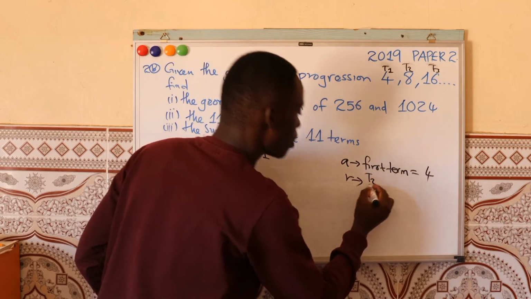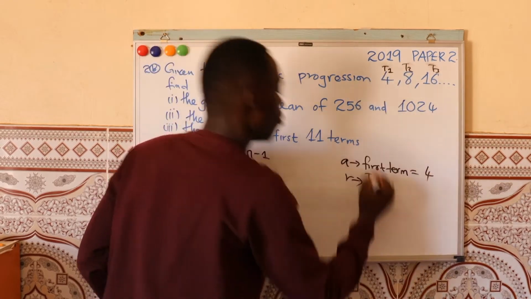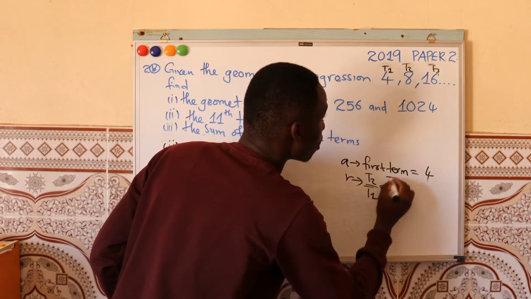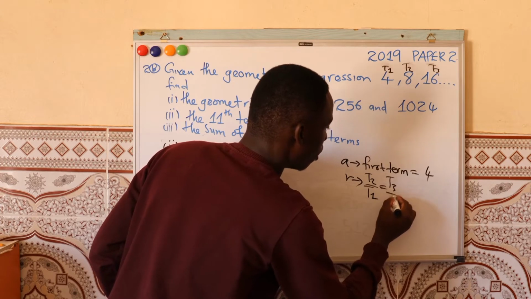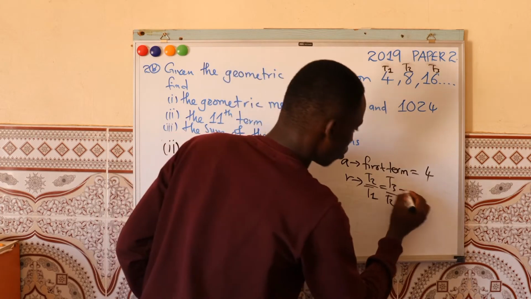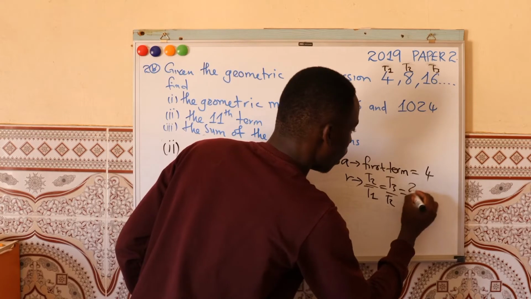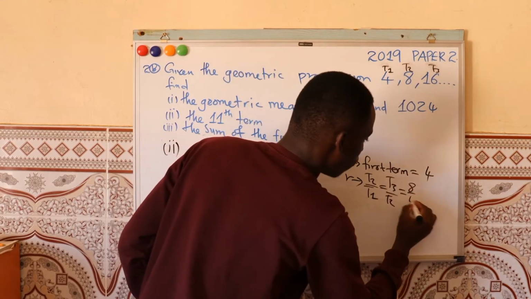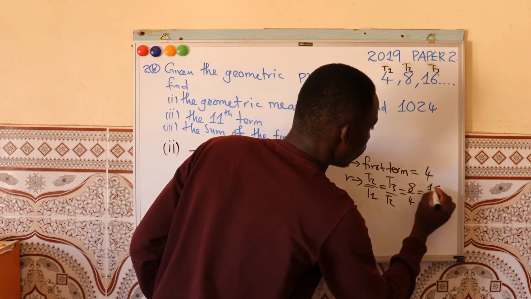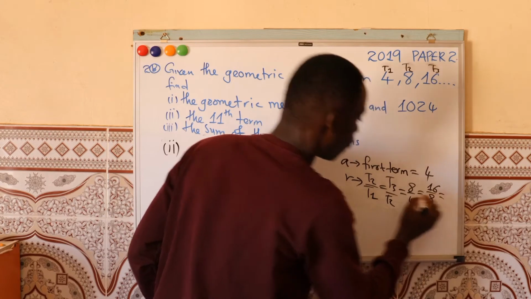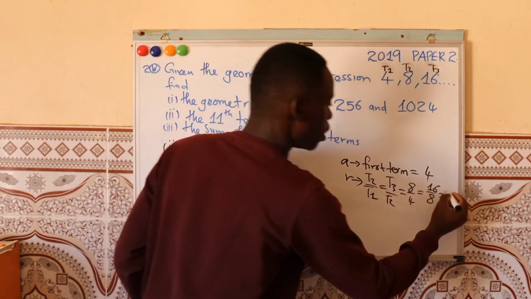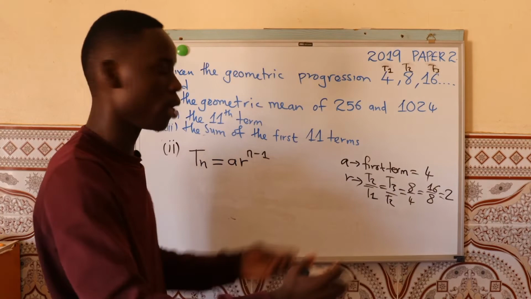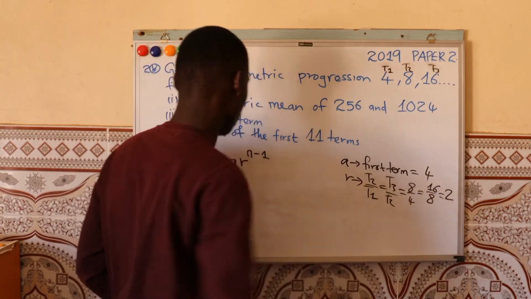And we always know that the second term over the first term is equal to the third term over the second term. It goes on like that. So in our case, we have 8 over 4, which is equal to 16 over 8. 4 into 8 is 2, 8 into 16 is 2, meaning, because it's common everywhere, our common ratio is 2.